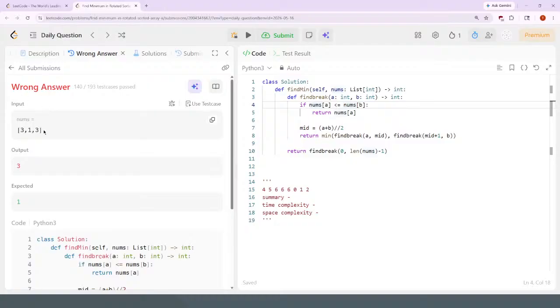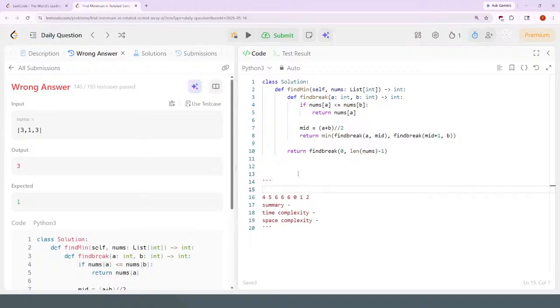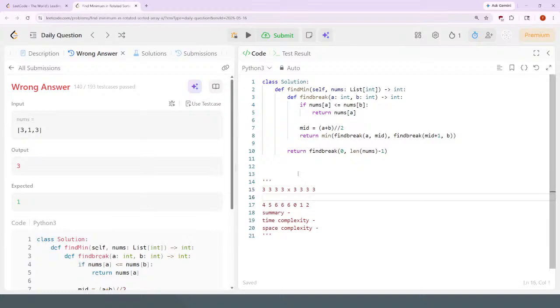Oh boy, this one's really tricky. That means it could be anything that is all the same except for one value. So how would you find this needle in the haystack without actually looking through every value in the array?